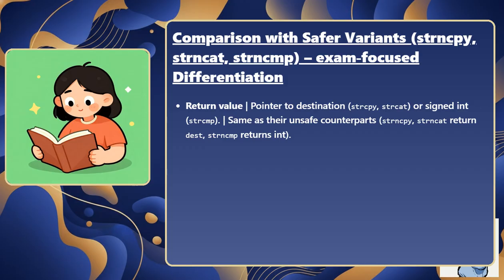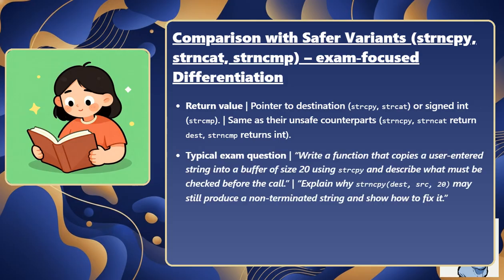Same as their unsafe counterparts, strncpy and strncat return destination, strncmp returns integer. Typical exam question: write a function that copies a user-entered string into a buffer of size 20 using strcpy and describe what must be checked before the call. Explain why strncpy(dest, src, 20) may still produce a non-terminated string and show how to fix it.